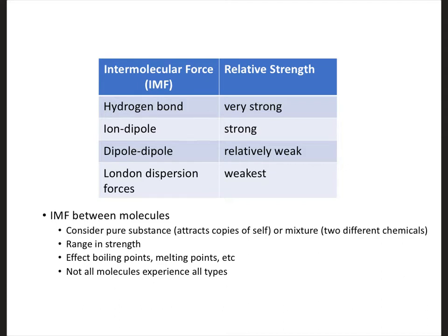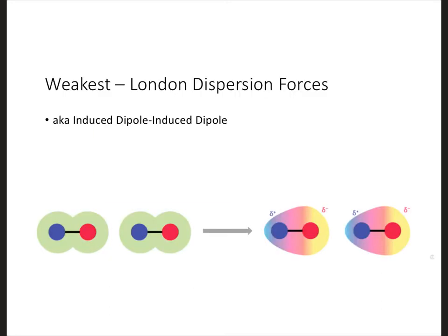Another thing to consider is that not all molecules are going to experience all the types of intermolecular forces that are listed up there. There are plenty of molecules that cannot do hydrogen bonding. You may recall from Gen Chem 1, there were specific requirements for hydrogen bonding.